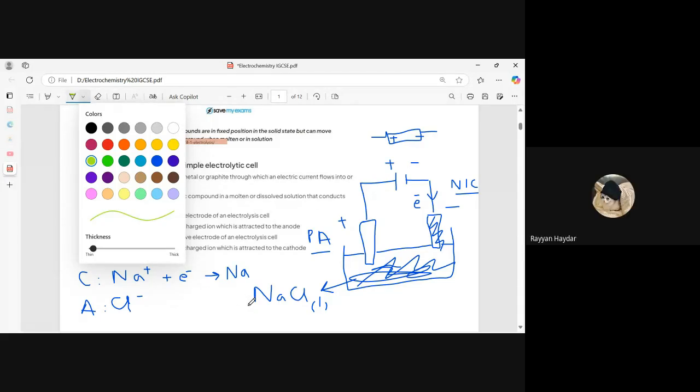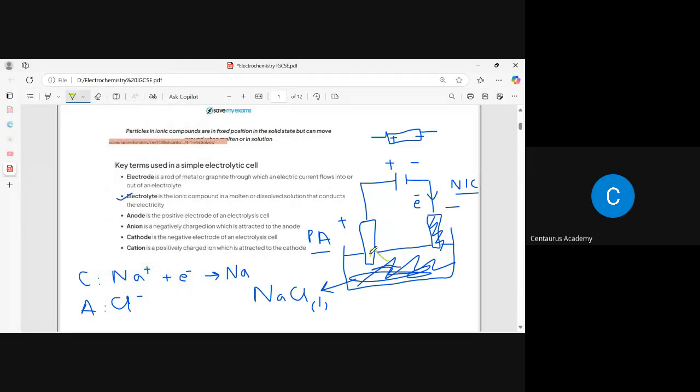Yes, miss. What about the chloride ions? Chloride ions are attracted towards the positive anode, since they are negative. They have an excess of electron. How? Negative means they have excess of electron. How many electrons are in excess?